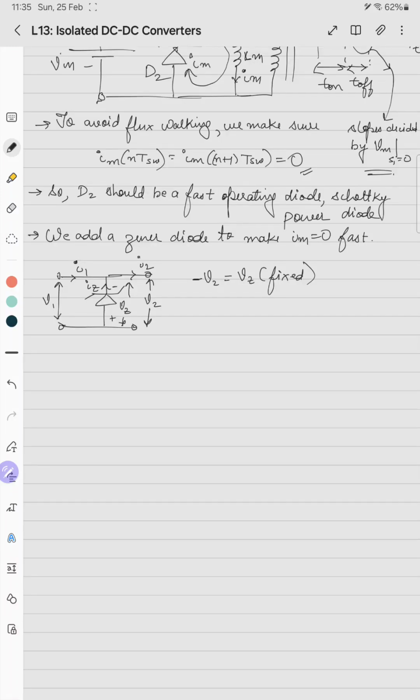So I1 becomes IZ plus I2. I think I made a mistake.